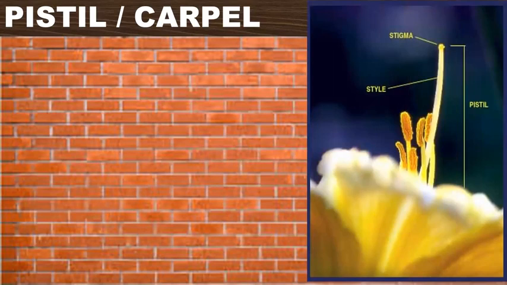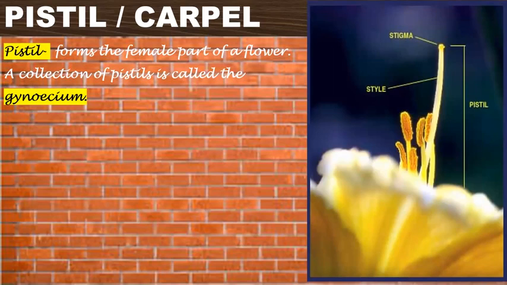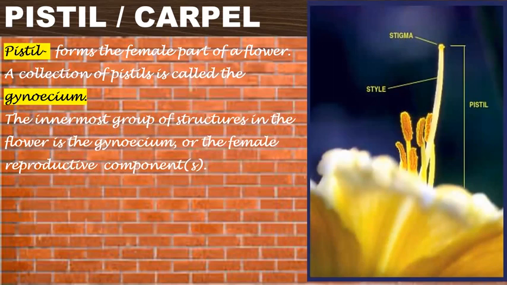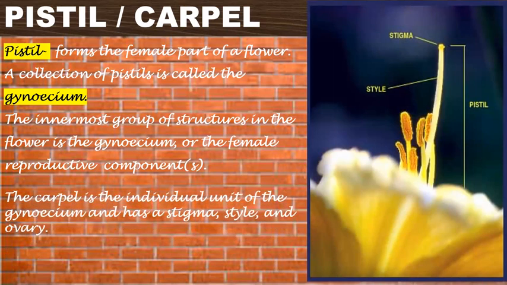The innermost whorl is pistil, also called carpel. Pistil forms the female part of a flower. A collection of pistils together is called gynoecium. The innermost group of structures in the flower is the gynoecium or the female reproductive components.